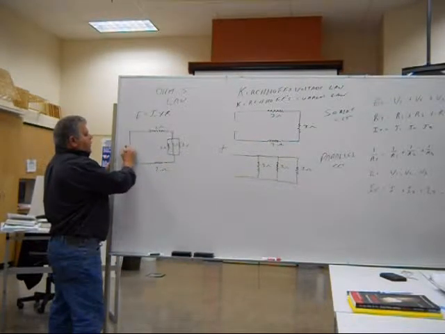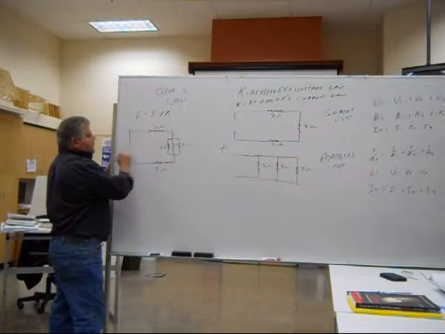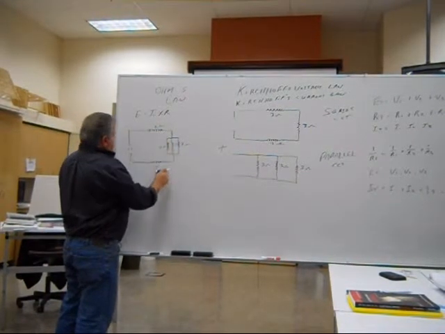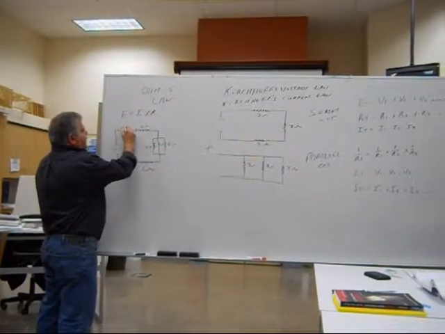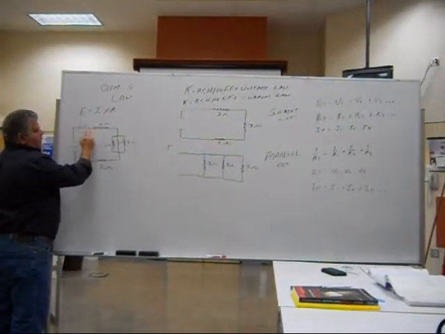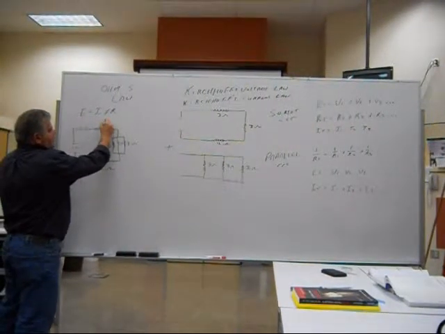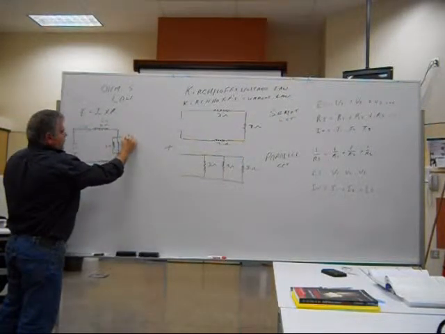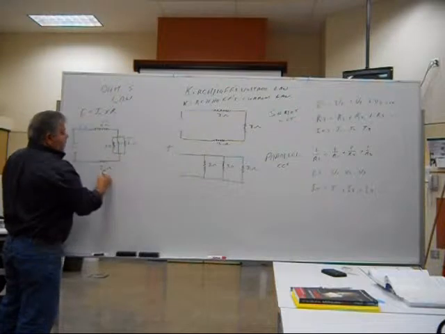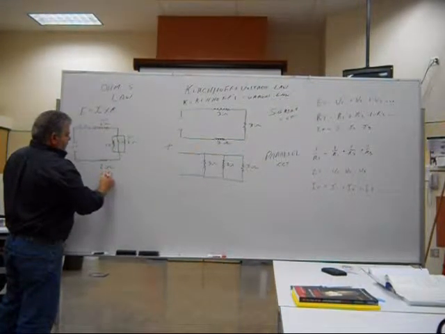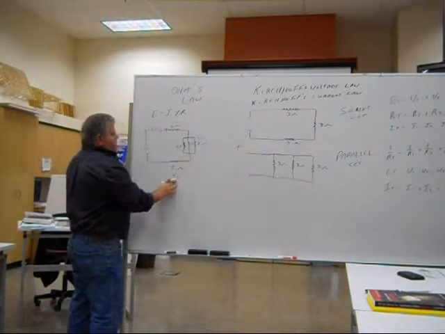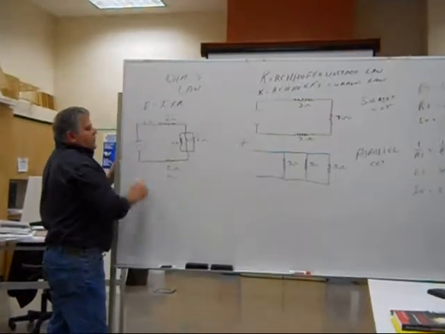If we put a value in here of 10 volts, and we add up these series resistances, we have a current flowing of 2 amps, which gives us 4 volts there, and 2 volts there, and 4 volts there, which gives us a total of 4 plus 2 plus 4 equals 10 volts.